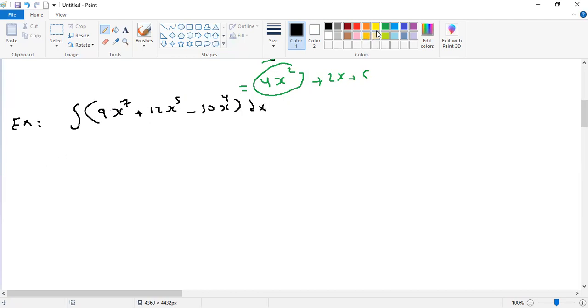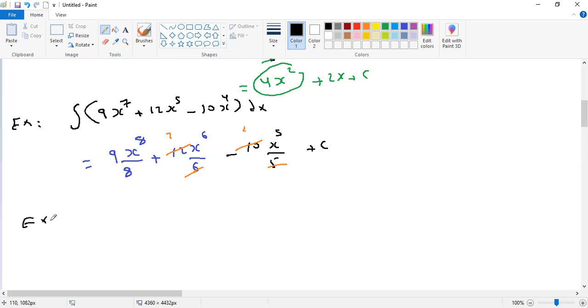The solution is 9x to the power 7 will be 8 over 8, plus 12 x to the power 5 will be 6 over 6. This can be simplified: 12 with 6 is 2. Minus the integral of 10x to the power 4, which will be 5 over 5. Also this can be cancelled: 10 with 5 will be 2, plus constant.